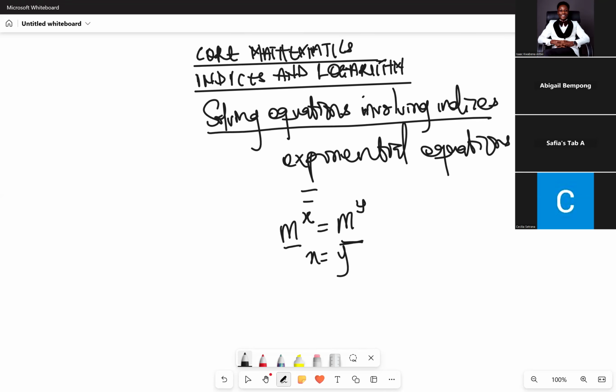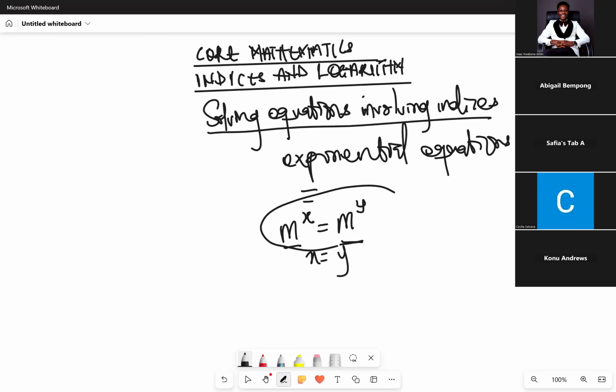I want to confirm if you understand what exponential equations are. It's an equation because there's an equal sign, and it's exponential because it has powers. Sometimes the powers are variables, sometimes not necessarily; some can be variables and the other a real number.